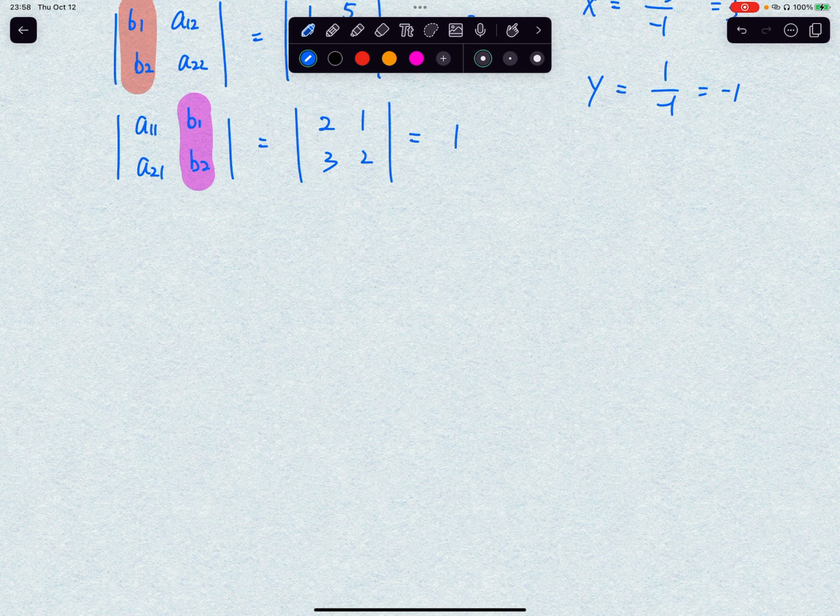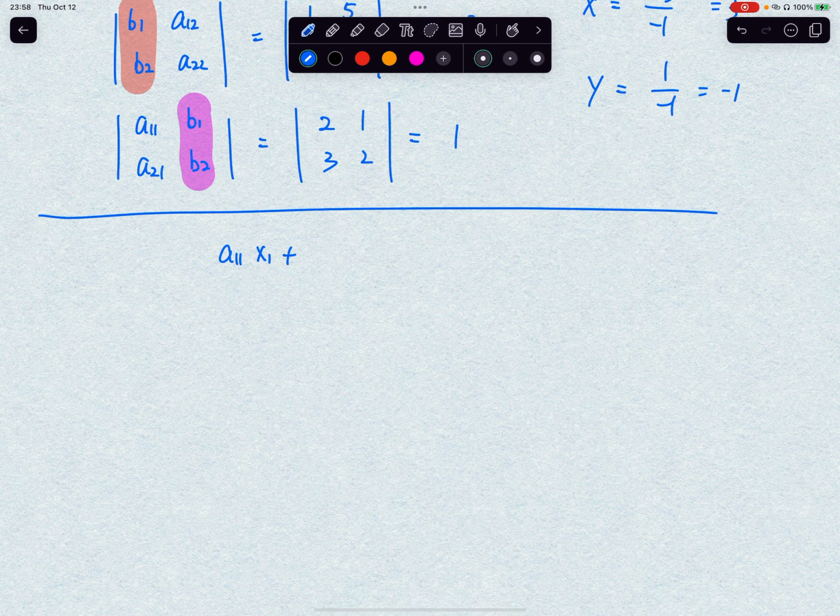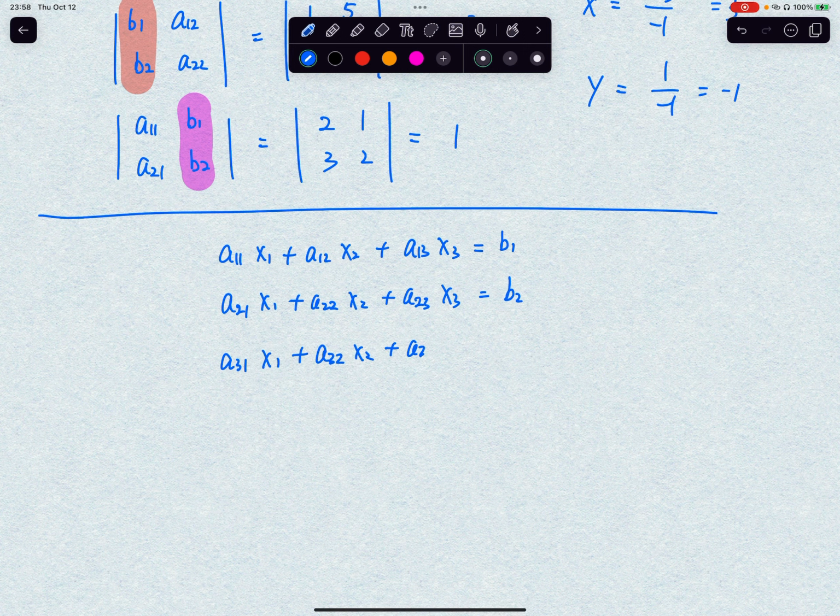So let us consider a11 x1 plus a12 x2 plus a13 x3 equals b1, and a21 x1 plus a22 x2 plus a23 x3 equals b2, and a31 x1 plus a32 x2 plus a33 x3 equals b3.